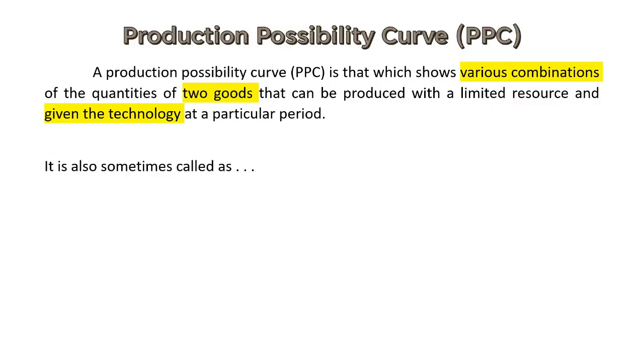After analyzing the various assumptions on which the production possibility curve concept depends, now let us directly see what the production possibility curve is. A production possibility curve or PPC is that which shows various combinations of two commodities or two goods which can be produced by a country with the available limited resources, keeping the technology constant in a particular period of time.